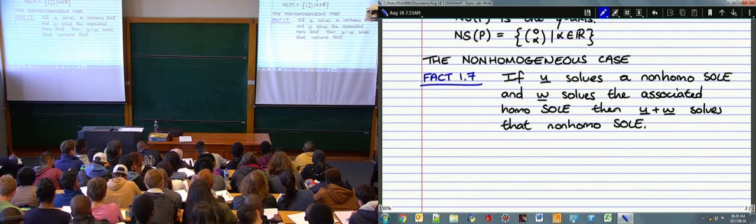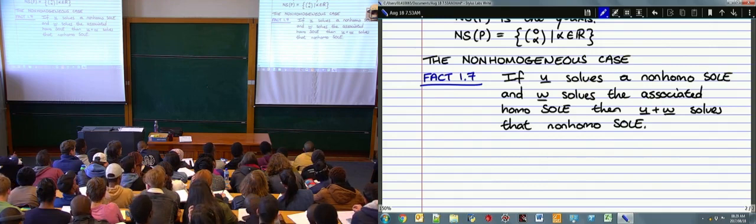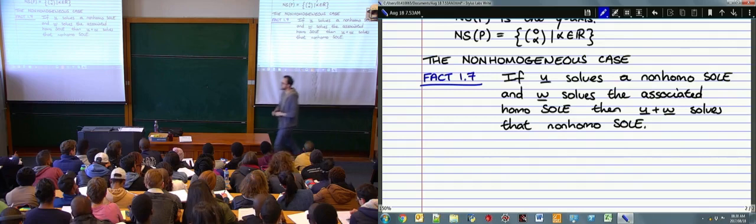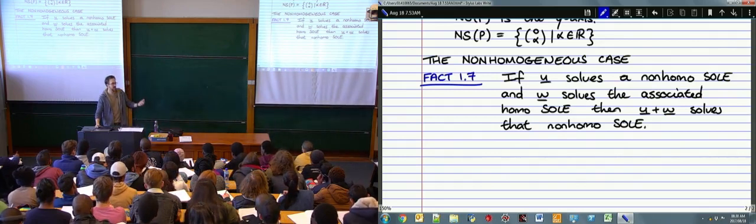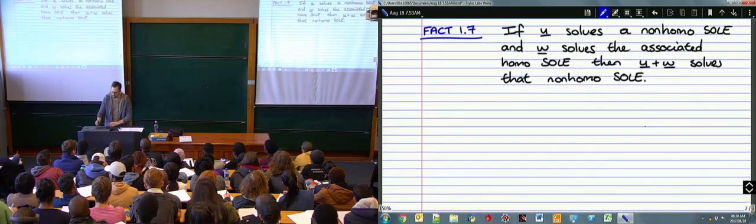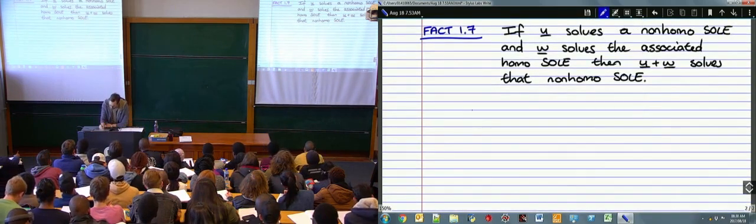And the claim is that if you add these two things together, if you add U and W, it's still a solution to that equation AX is equal to B. And we can write out an explanation, and again the explanation relies entirely on the linearity of A, of this matrix, of this transformation.